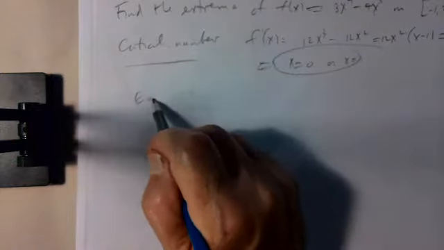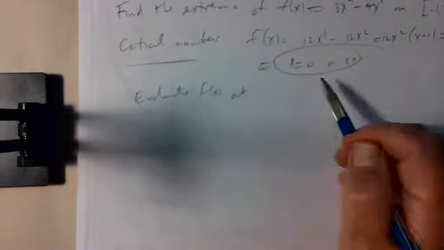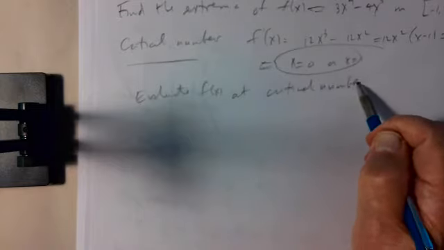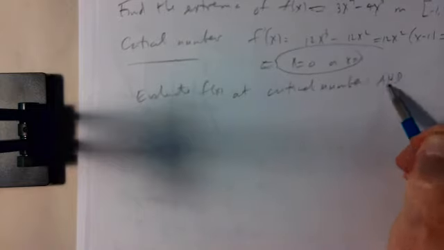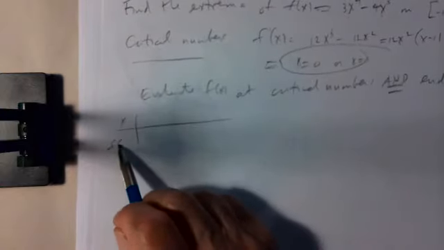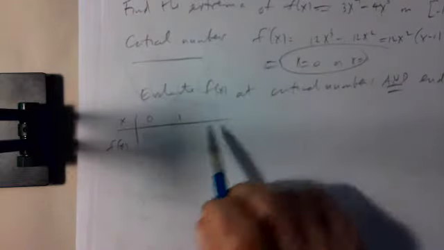And then we evaluate f of x at the critical numbers and the endpoints of the interval. Let's make a table of x and f of x. The critical numbers are 0 and 1.